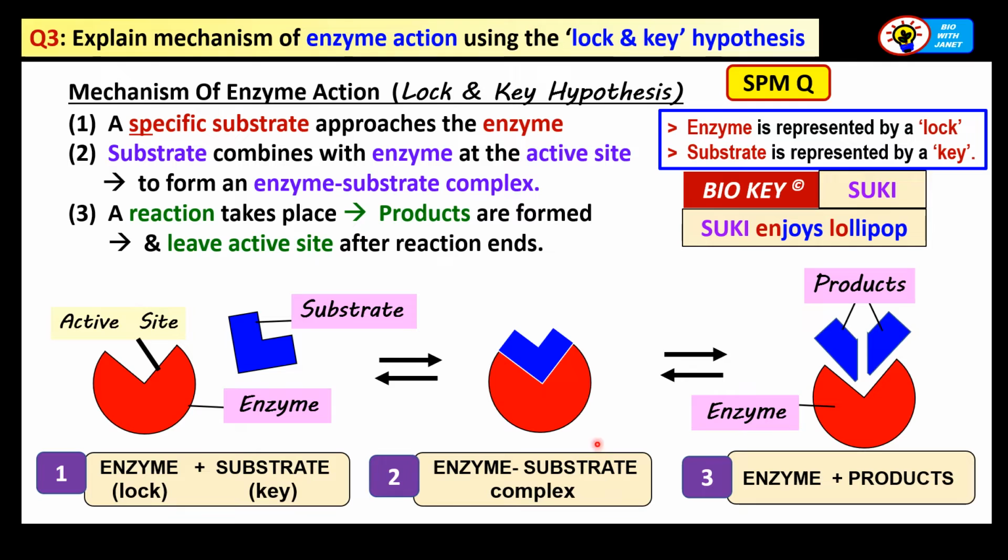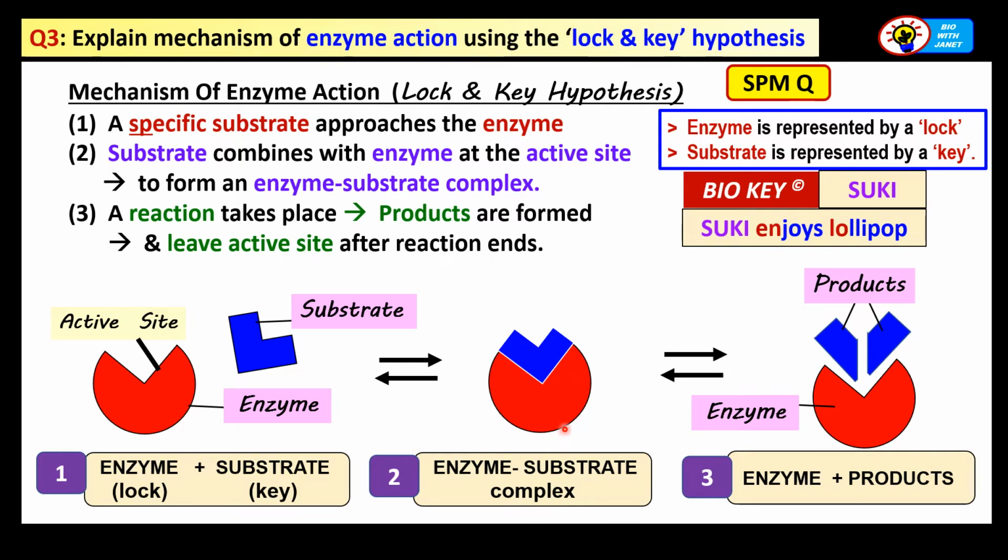Now, if the substrate is lactose, and the enzyme is lactase, then what is the complex called? It should be the lactase-lactose complex. Sometimes you're asked to give the specific name of the enzyme and the specific name of the substrate.